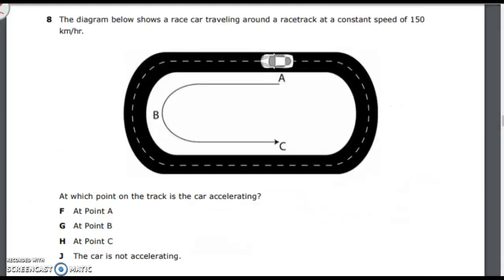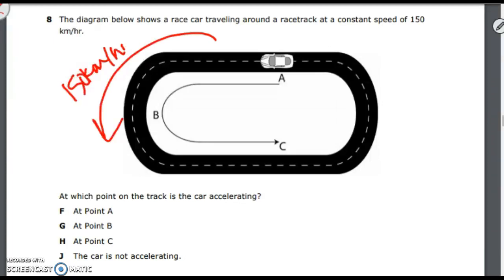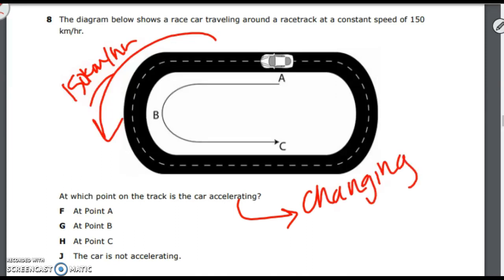Okay, number 8. The diagram below shows a race car traveling around a racetrack at a constant speed of 150 kilometers per hour. At which point is the car accelerating? Well, in order to accelerate, you have to be changing something. You have to change your speed or your direction.